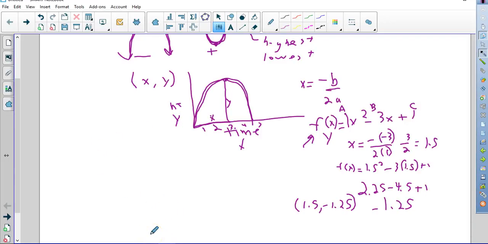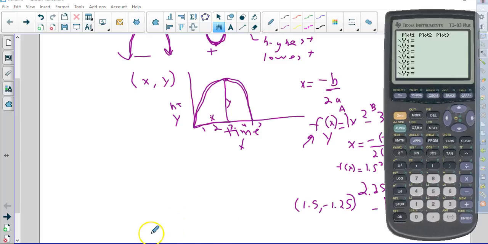Okay, so moving on. We have the idea of the vertex, and that's how to find it using the calculation. Now, once you practice it, and you do need to know how to do this, it's a very simple formula, but once you have practiced that, on your graphing calculator, if you hit the program button, this one's kind of messed up, it's an online one, but there should be a program called Vertex.